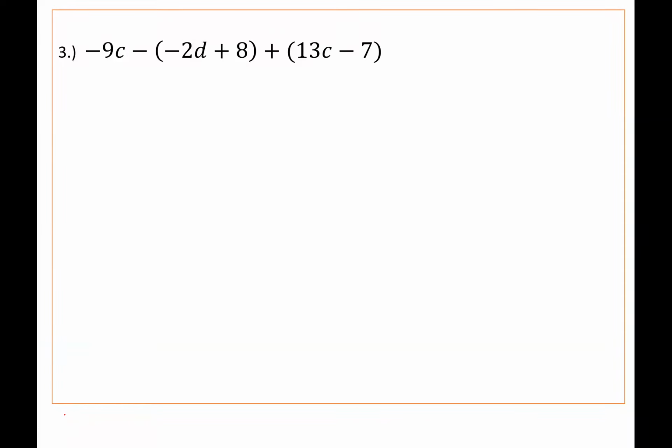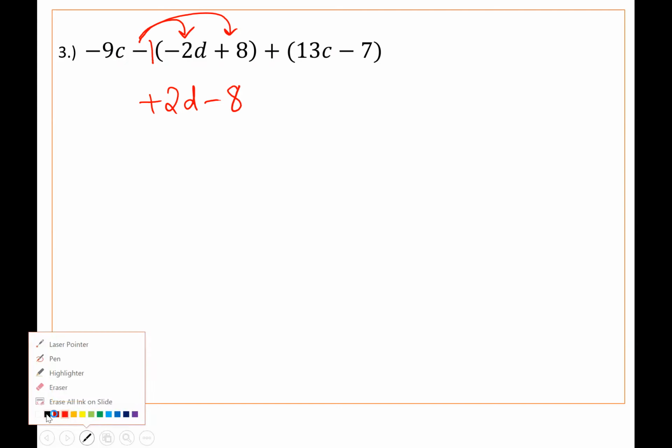Let's just work left to right this time. So -9c minus parentheses. That minus sign in front of the parentheses, treat it like a -1. Let's distribute that -1. So -1 times -2d is positive 2d. -1 times 8 is -8. I'm going to bring down that -9c that came before.